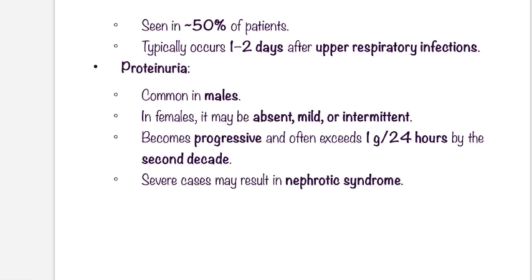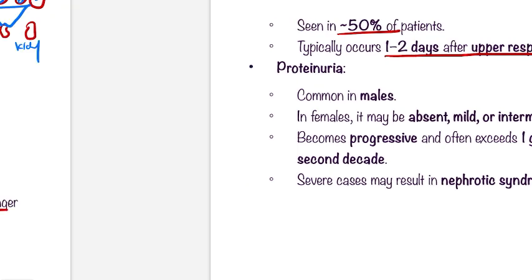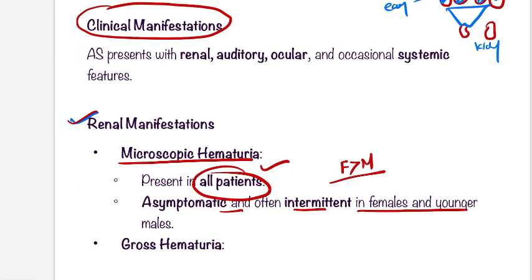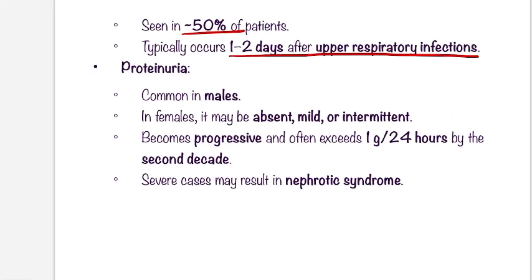Gross hematuria is seen in 50% of patients, 1 to 2 days after an upper respiratory infection. Remember, though we discuss Alport syndrome under the heading of gross hematuria, microscopic hematuria is seen in almost all patients, more in females, and it is far more common, about double, than gross hematuria, which is seen in 50% of patients.